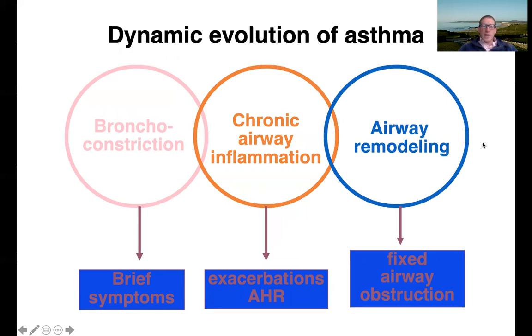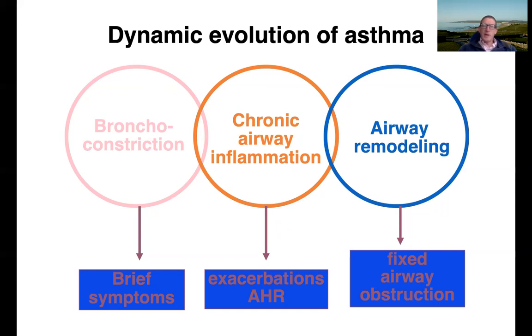This slide shows the dynamic evolution of asthma, starting off with episodic brief symptoms. Then if the disease becomes persistent and you get persistent type 2 inflammation, this results in the exacerbations and airway hyperresponsiveness, or AHR. And finally, if it's left unchecked, the way the body responds is to lay down collagen tissue, fibrotic tissue in the airway, which is what's known as airway remodeling.